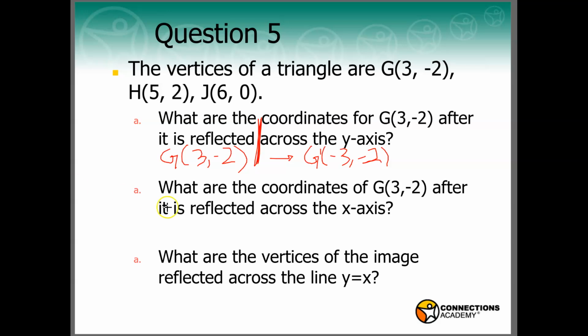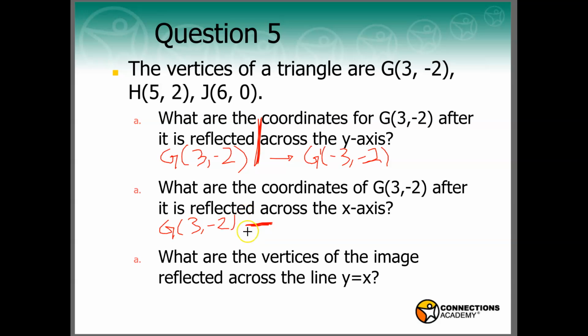Now the second one we're given is that the coordinates of G at 3 and negative 2 would be reflected across the x-axis. Now again, think about what we said with the y-axis, how that only moved it left and right. Well, if we were to reflect something across our left and right x-axis, it's going to do the same thing where it'll either move up or it'll move down.